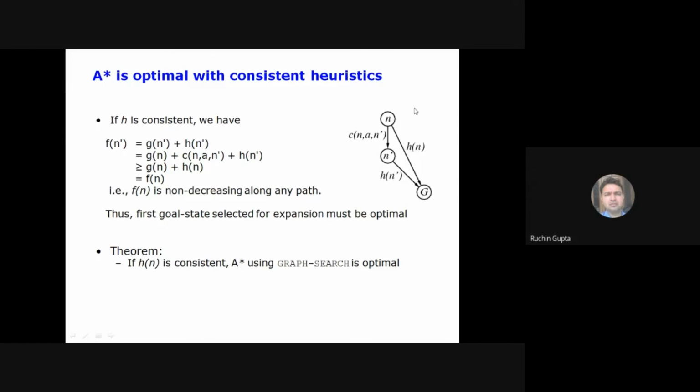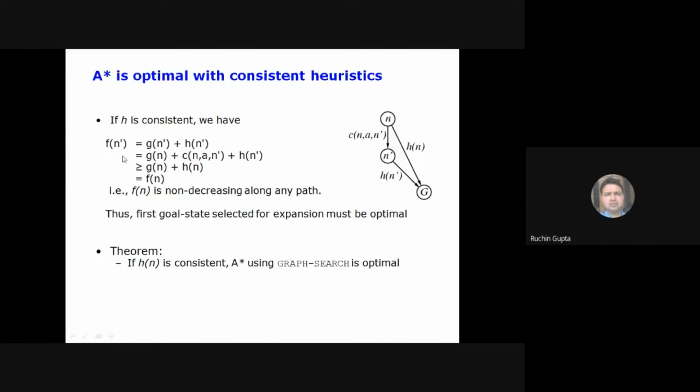If I find a path from n to g through n dash, I will not get a better path. If I go from n to n dash and then come to g, I will not get a better path than the path from n to g, which has the cost hn.